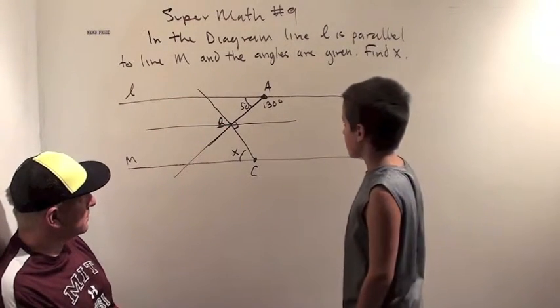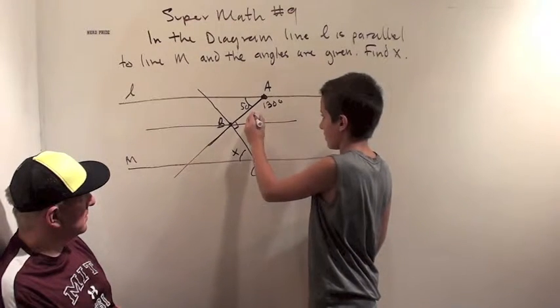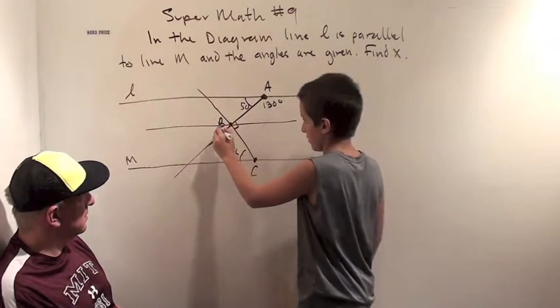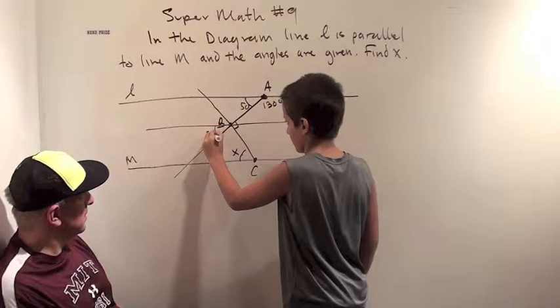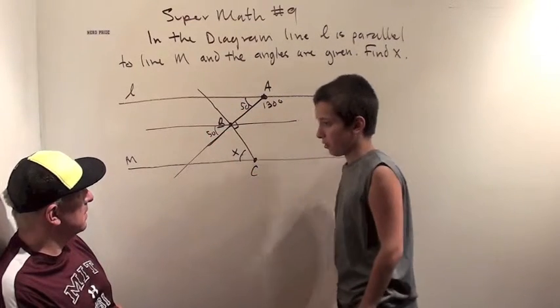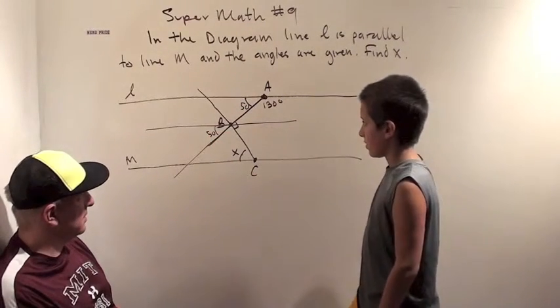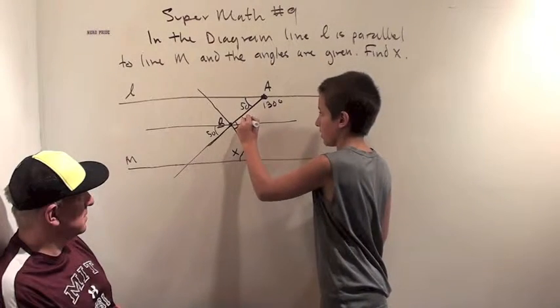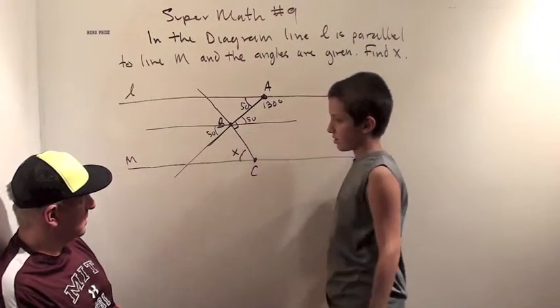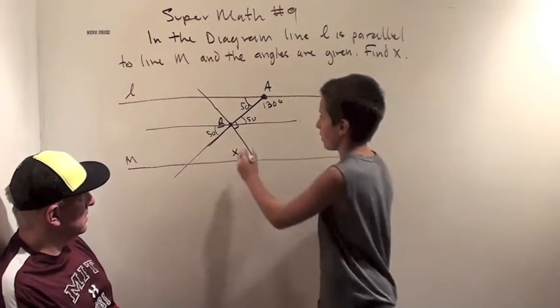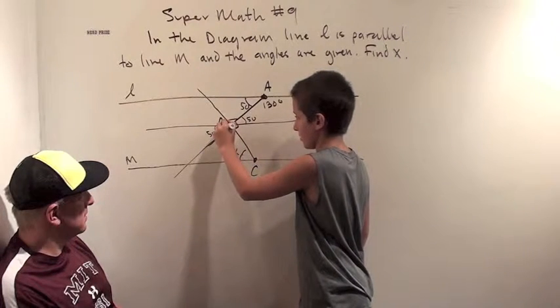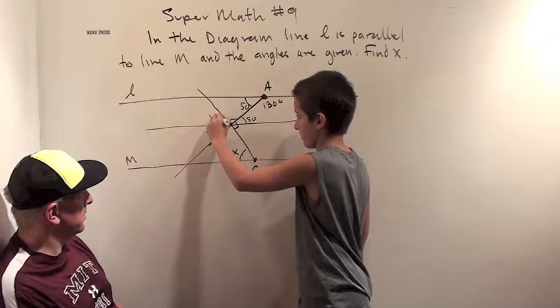So this means that this is 50 here, because of the parallel line rule. Good. This is 50 from our opposites. And this whole thing here is 130.